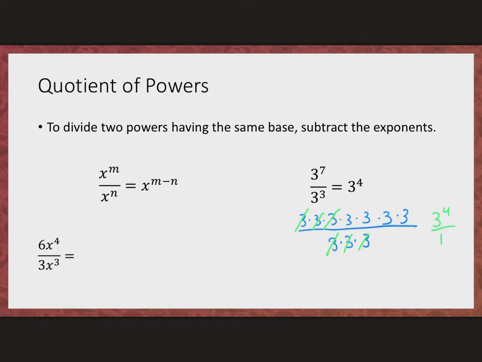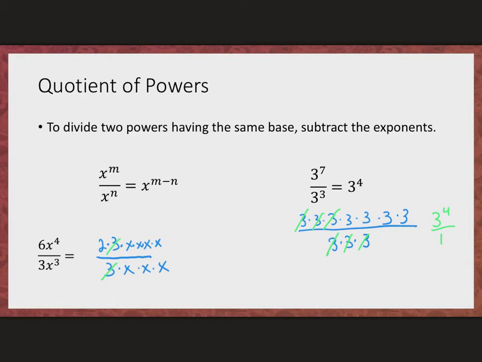So first we have 6 over 3. And I can rewrite 6 over 3 as 2 times 3 over 3. And this is where our original canceling properties came from. We can cancel out the 3 on the bottom with the 3 on the top and be just left with that 2. But we are not done, because there are 1, 2, 3, 4 x's on top being multiplied, and 3 x's on the bottom.